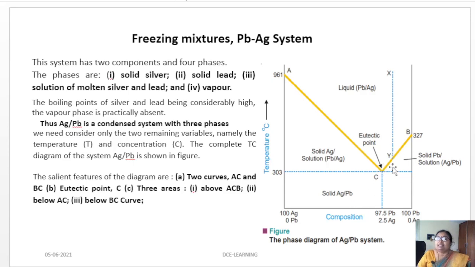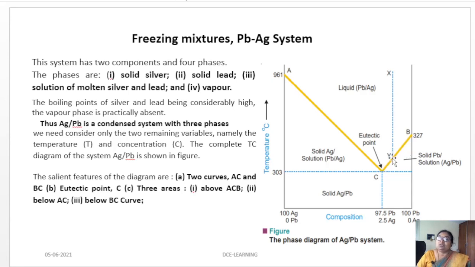Similarly, the BC curve is called the freezing point curve of solid lead, because whenever you add silver, the melting point of lead decreases along BC.